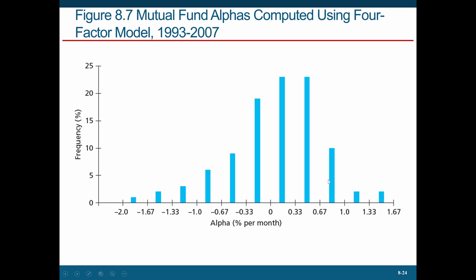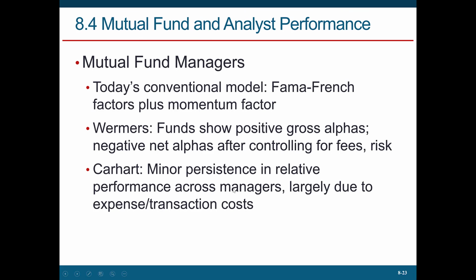Now, the ones that do have positive alpha, why are they doing well? Are they doing well because they are skilled, or is it just luck? So that goes back to that same issue of luck versus skill that we have talked about before. In order to look at this, people have looked at performance persistence. If a fund does well in one year, that might be due to chance.